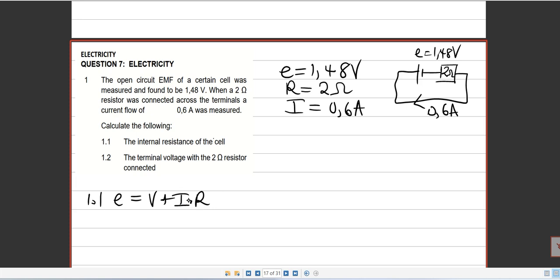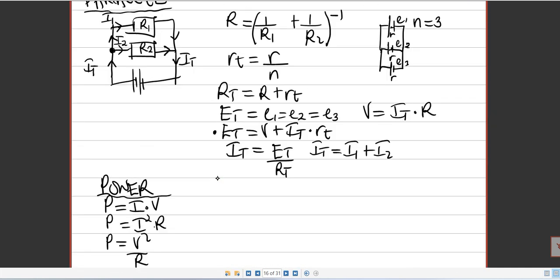In such a case, we do have our EMF, and we have a current. In fact, I did not write this formula correctly. We are looking for the internal resistance. According to the formula up here, EMF equals terminal voltage plus I total times the internal resistance.